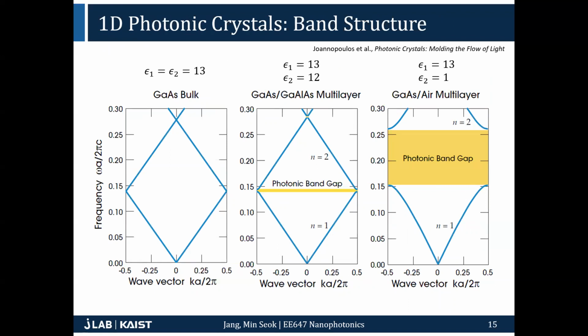And as you change the permittivity of the materials and the lattice structure, lattice spacing, you can tune this band gap or the dispersion relation of the modes as you want, right? And then now you have a building block to use your photonic crystals for various applications.